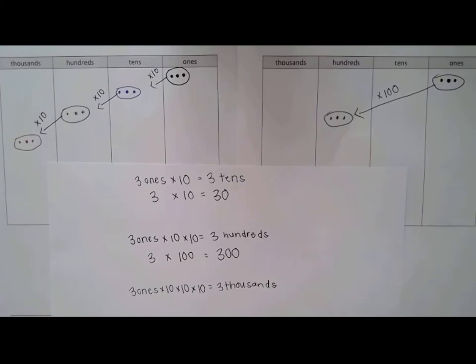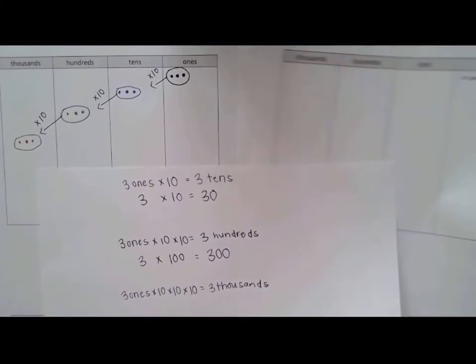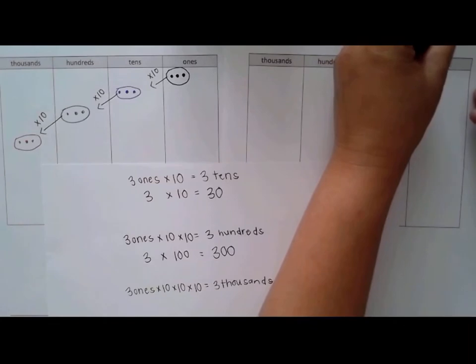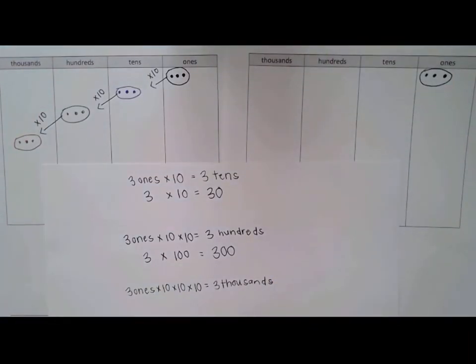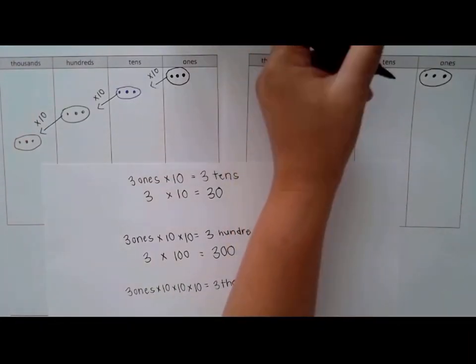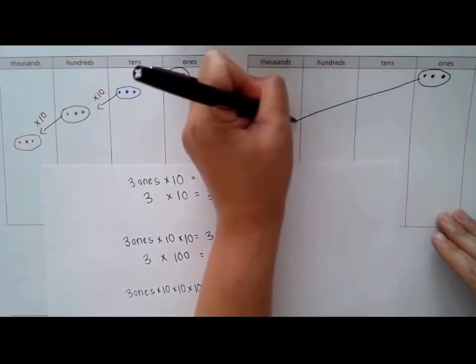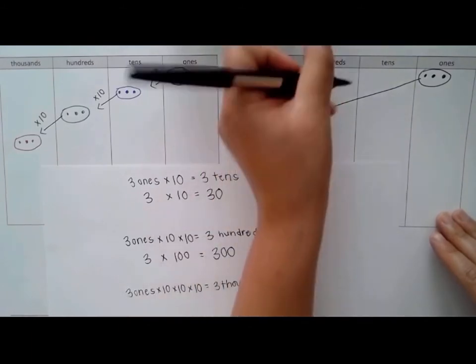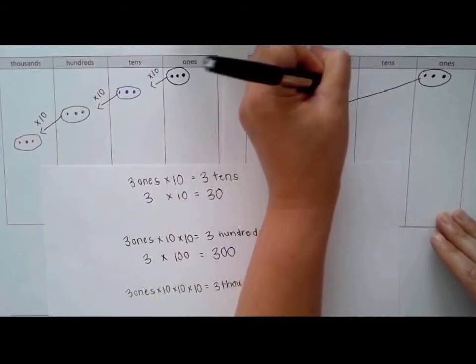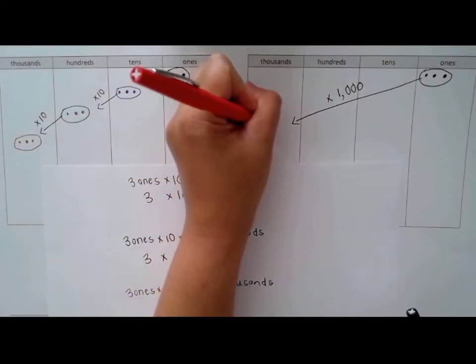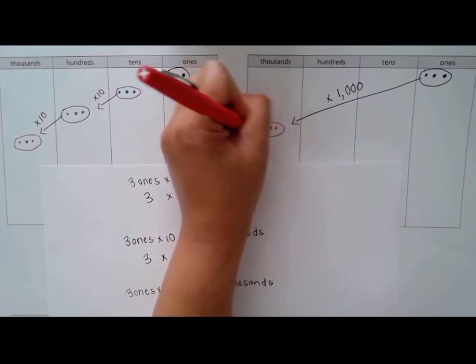Another way that I could represent this is if I have 3 ones to start with, and then I multiply times 1,000, and I show this with an arrow representing times 1,000 from the ones column to the thousands column.